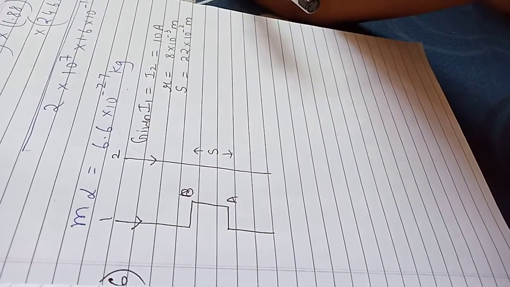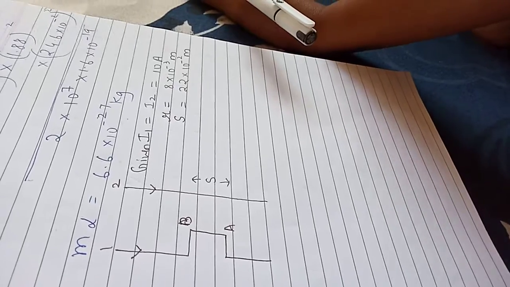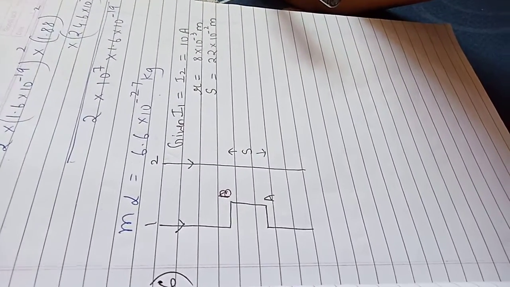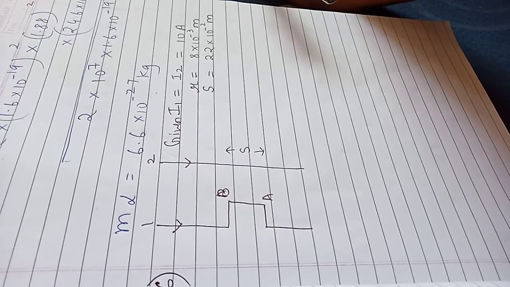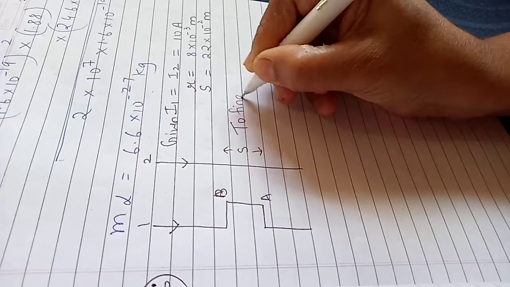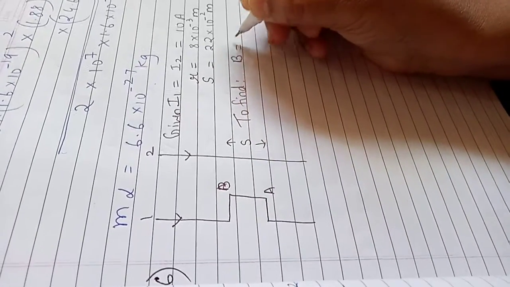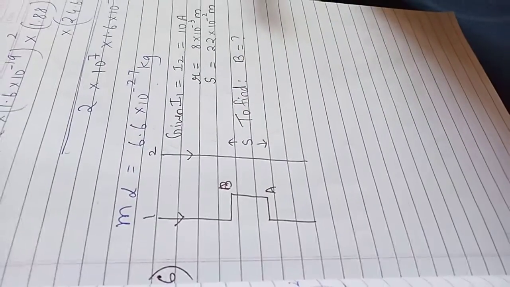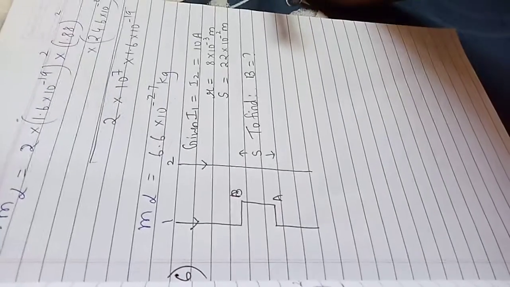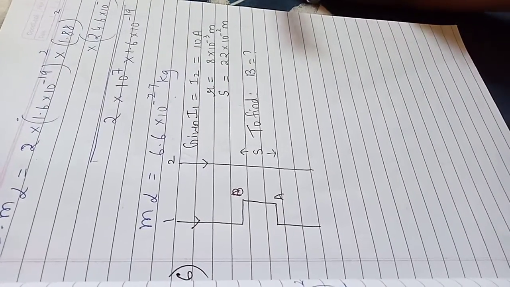Obtain the direction and magnitude of the magnetic field due to the current in wire 2 on the section AB of wire 1. Now, to find what? The magnitude and direction of the magnetic field due to current in wire 2 on the section AB of wire 1.